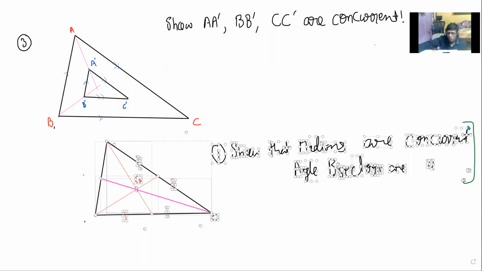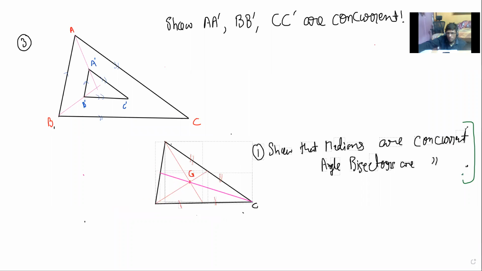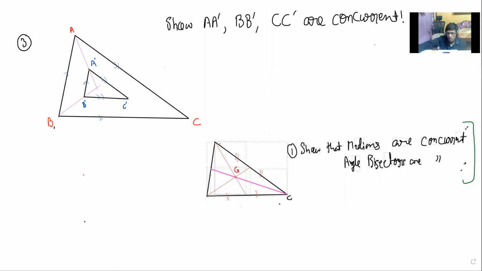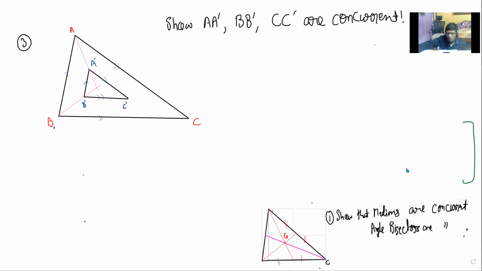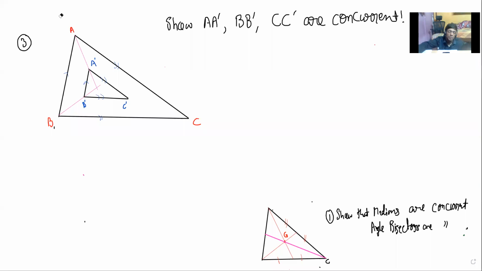So I've told you the technique. First we realize it, then we. This is the question. Now let us do this question. How are we going to do this question? Once again, you take two of them and you take their intersection point.